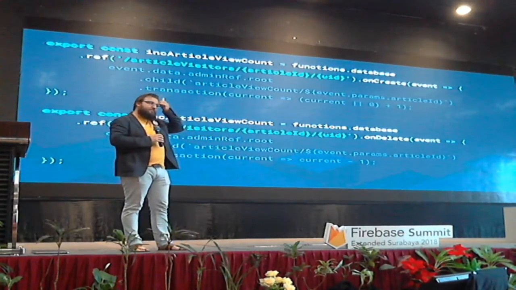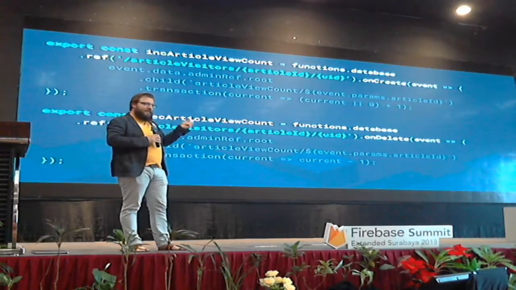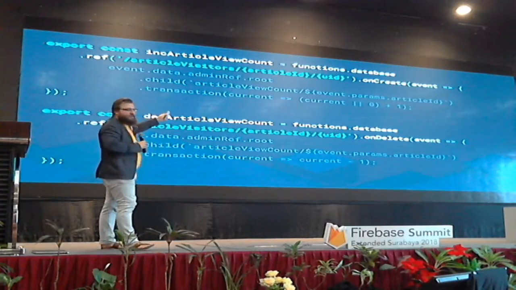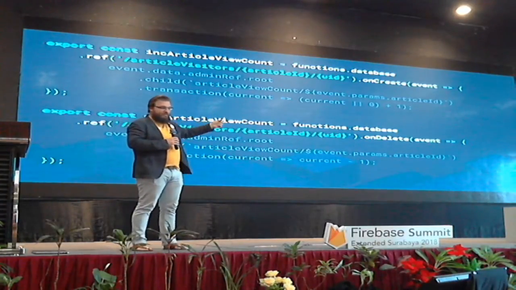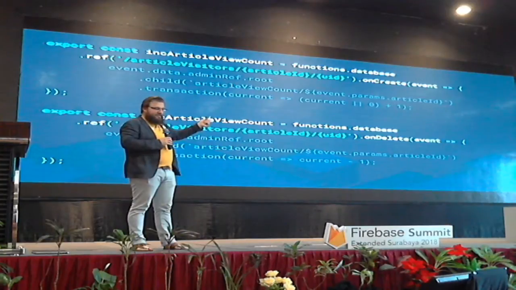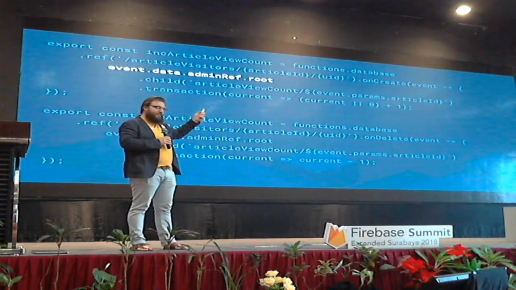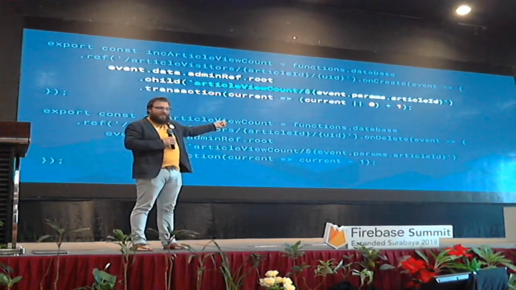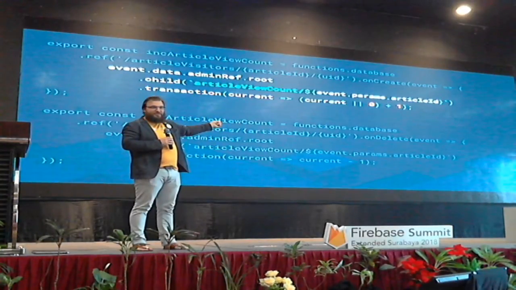So what I'm going to do with Cloud Functions is actually listen to that route to the URL. Cloud Functions can actually take wildcards here. So you take the article ID, the UID of the user. On create, on delete, what we do is we go ahead, we go to the article view count in the data, and we do a transaction on here.